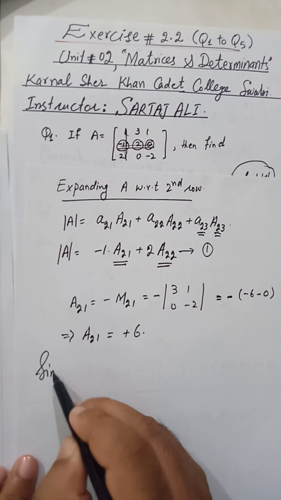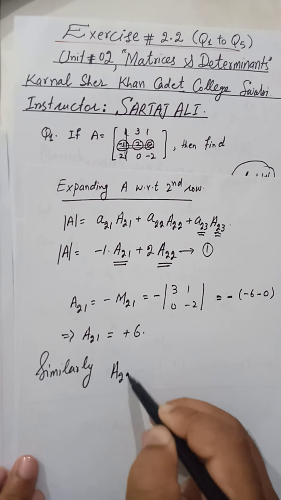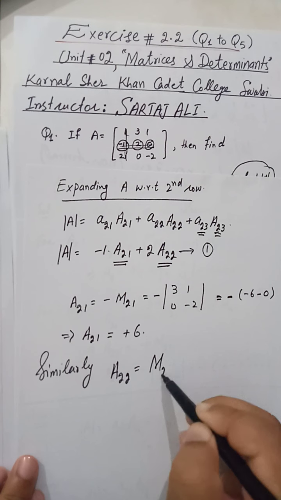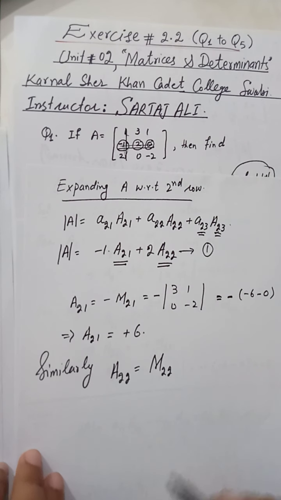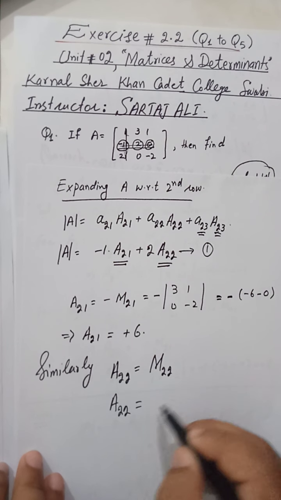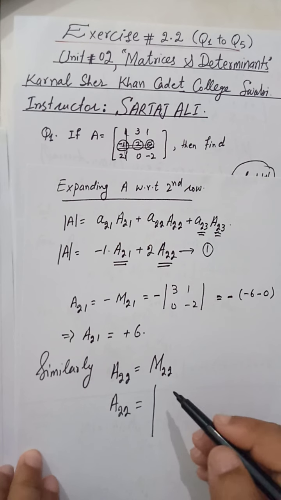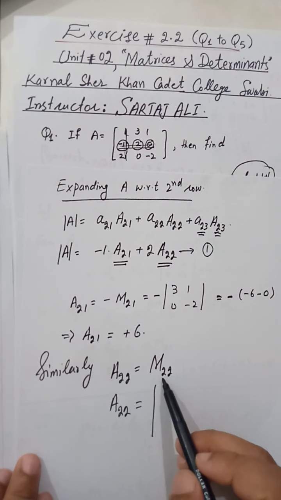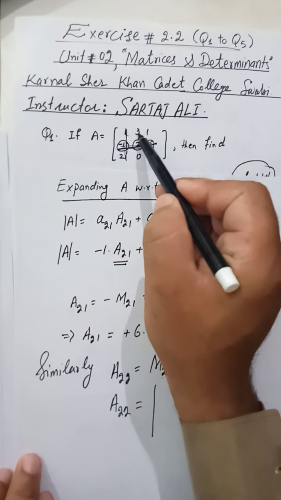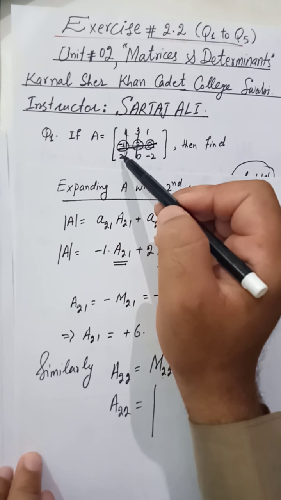Similarly, how do you calculate A22? A22 is equal to M22, because 2 plus 2 is 4, which is even. So the cofactor will be equal to the minor, and M22 is the determinant of the matrix when you cancel out the second row and second column and write the rest of the matrix.